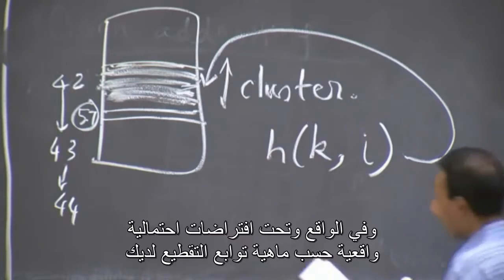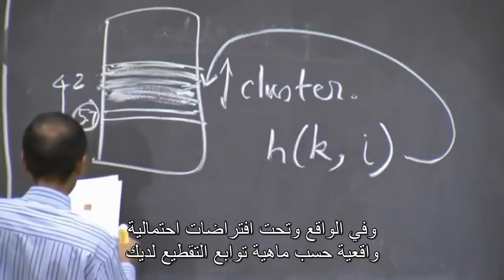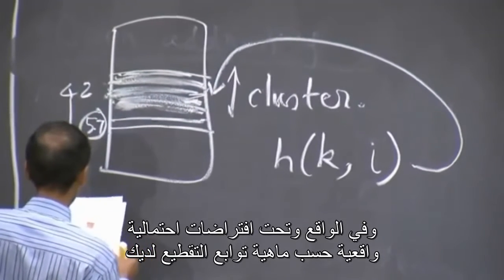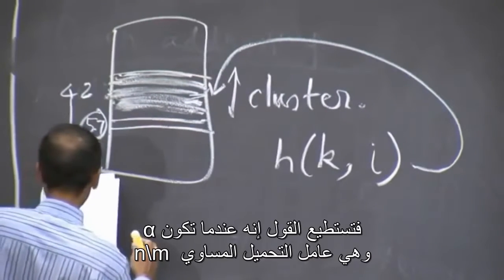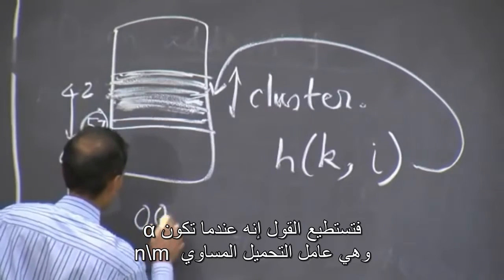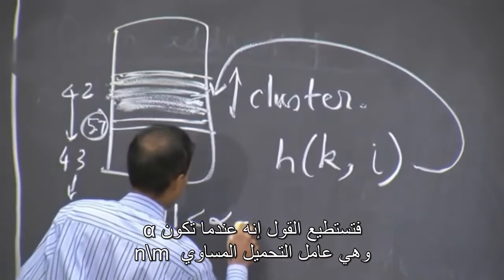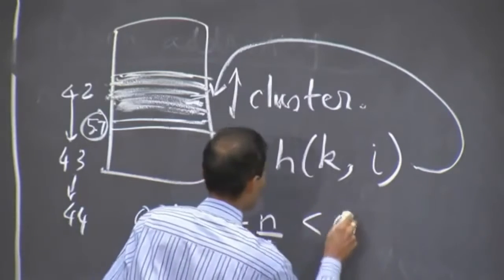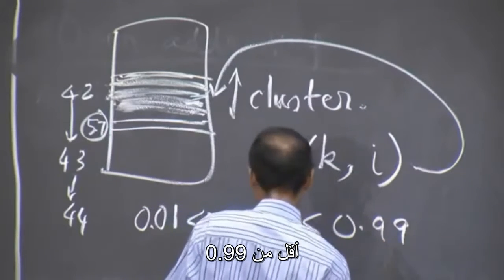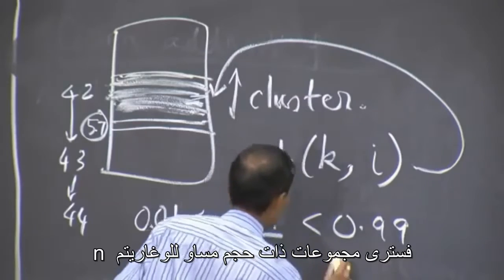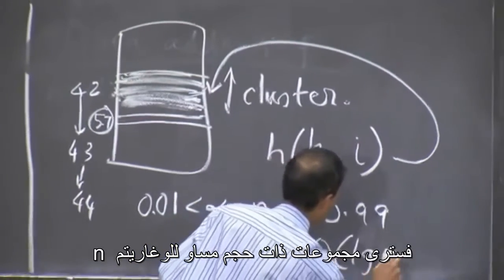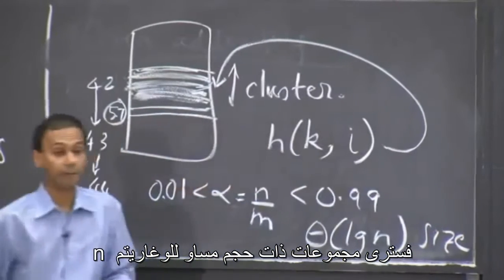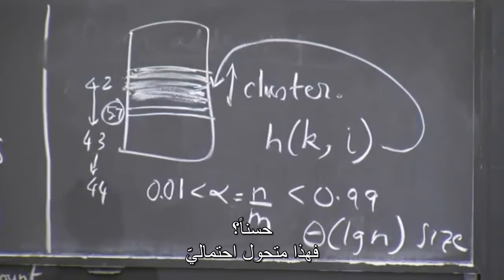So it doesn't really work. And in fact, under reasonable probabilistic assumptions about what your hash functions are, you can say that when alpha, which is your load factor, n over m, is less than 0.99, you see clusters of size log n. Okay, right?